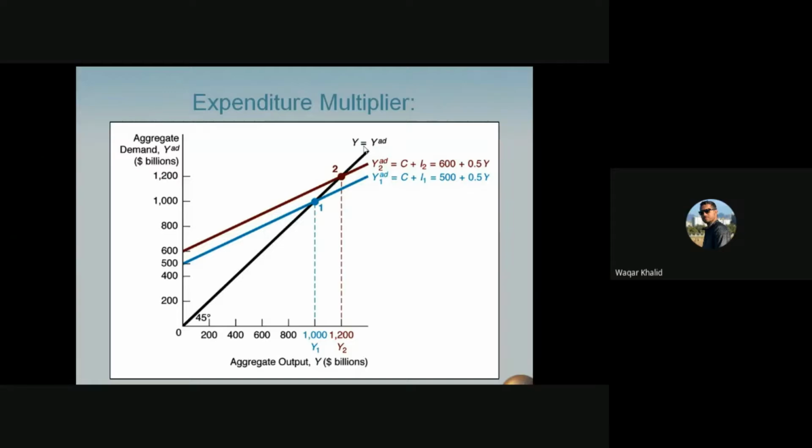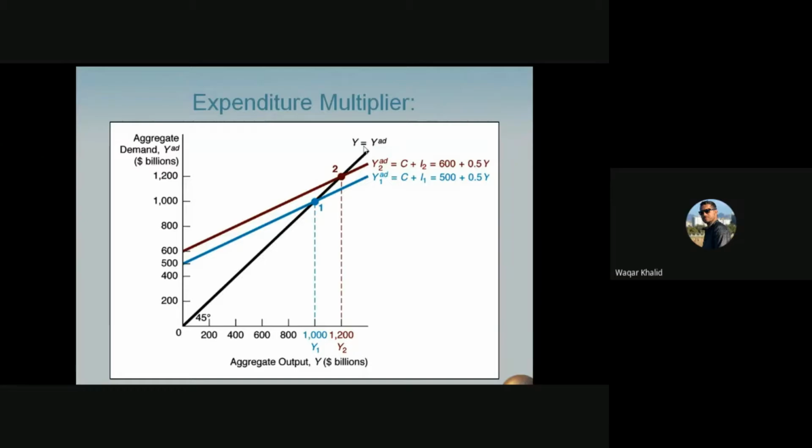As you know, in the previous case, I1, the original planned investment expenditure, was $300 billion. But in this case, I2, the new investment level, look at C remains constant. We are not talking about the change in consumption expenditures.